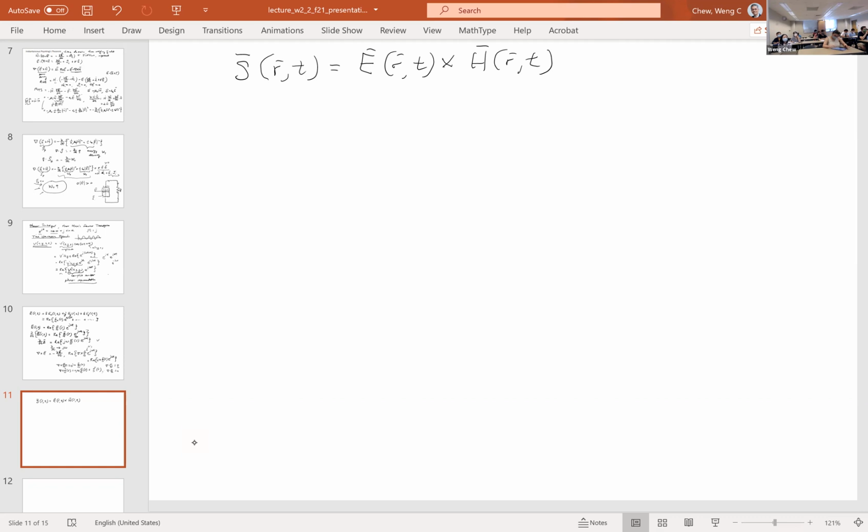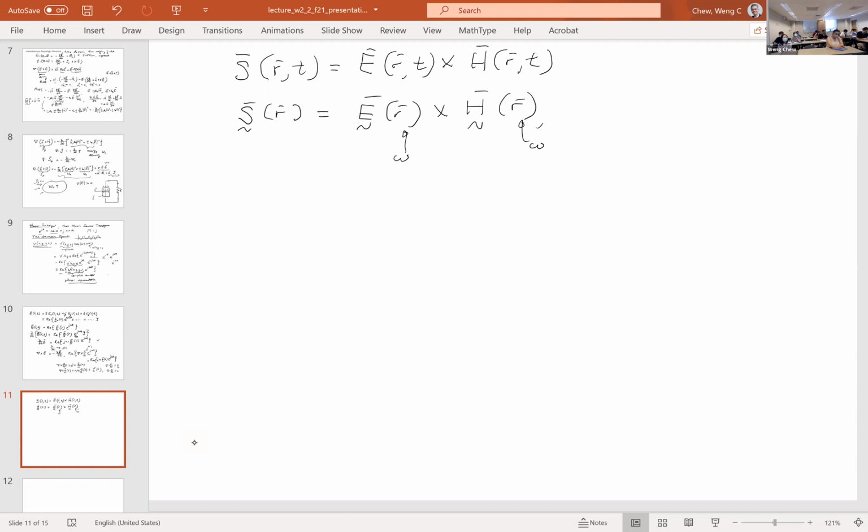But now in the phasor world, if these are truly time harmonic signals, you can have a complex Poynting vector. It's no more a function of frequency because frequency is assumed to be constant. And then it will be the cross product of two complex vectors. These actually are functions of frequency, but we don't explicitly write them down.